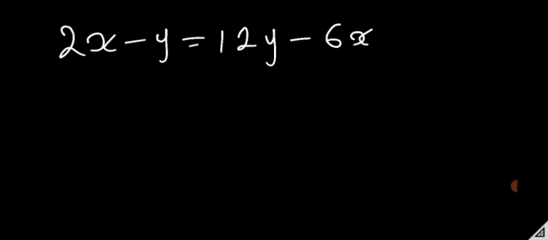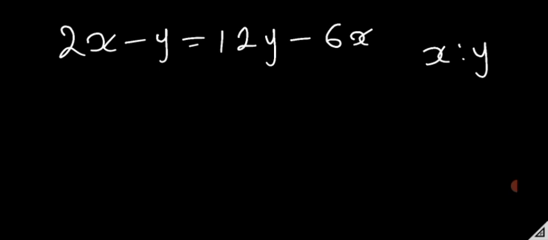So we rearrange. Now listen, we should remember what we are looking for. What we are looking for is x ratio y. And I told you x ratio y is the same thing as saying x over y. So we are to make x over y the subject of the formula. So in doing this, arrange x to one side and y to one side.